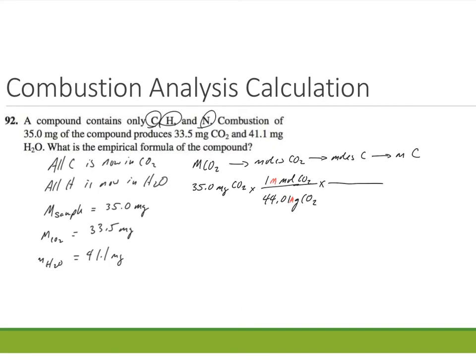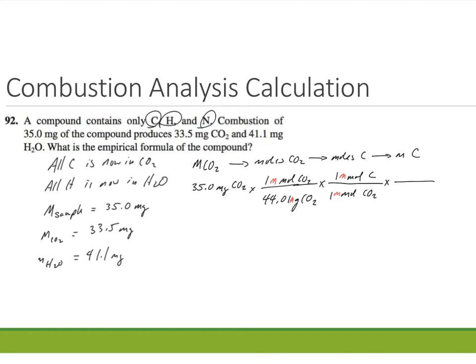I know that inside every 1 mole of CO2 there is 1 mole of carbon. Again, I can place that little milli in front. So now my millimoles cancel and I'm left with millimoles of carbon. And then finally, I want to turn that mass of carbon into grams or milligrams.